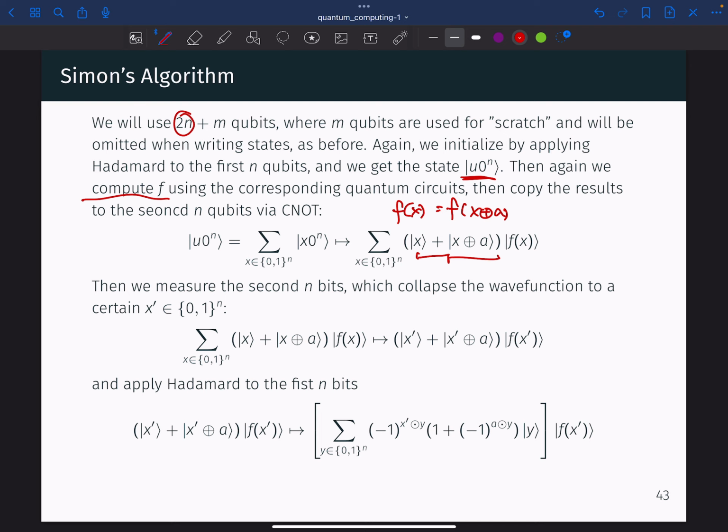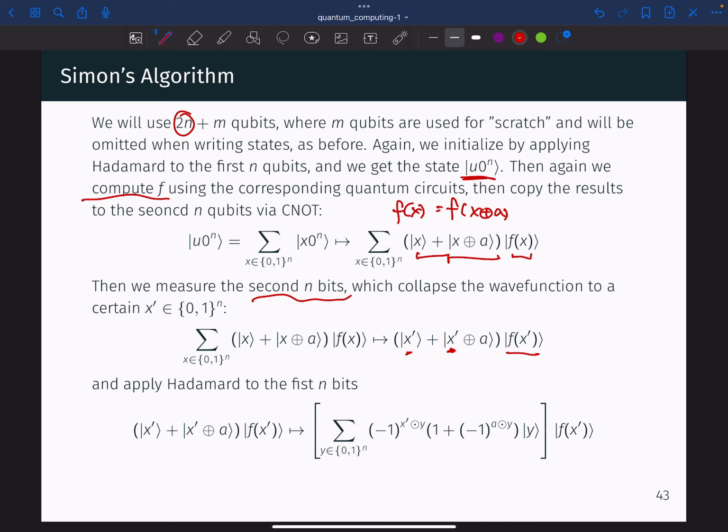Right now we will measure the second n bit, basically the f(x) part, and this will collapse the wave function to one particular input. So we fix this part, which effectively fixes the corresponding x here, the inputs here.